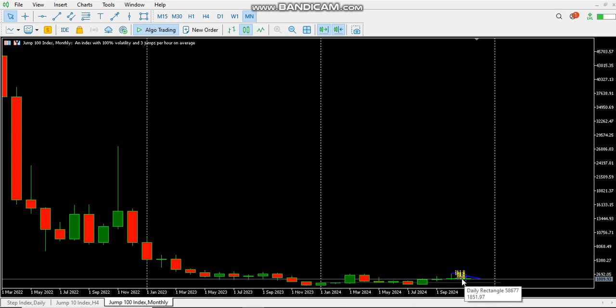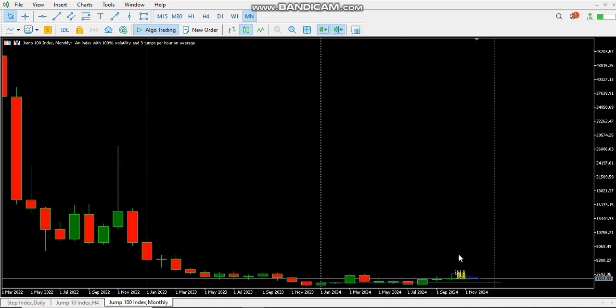So this month we have been seeing a bearish candle here, and it gave us a rejection again from the upside. So there's probability that we are going to be seeing an evening star at the end of this month on this instrument, which is Jump100. And if we do not see that, another trader might see something like a bearish engulfing candle on the monthly time frame when this month ends.